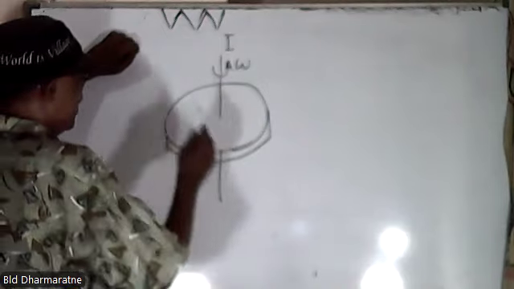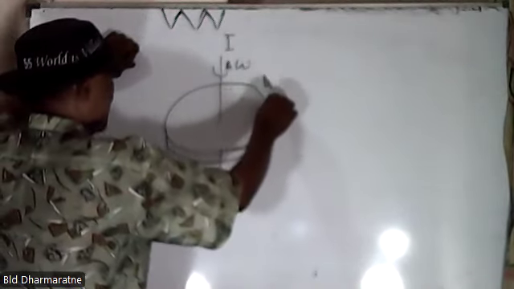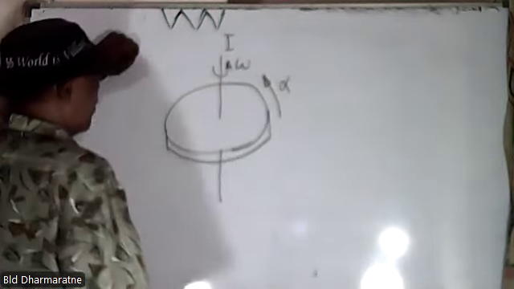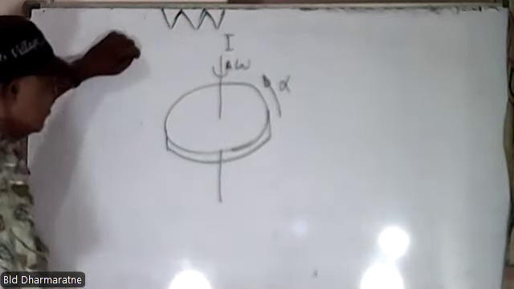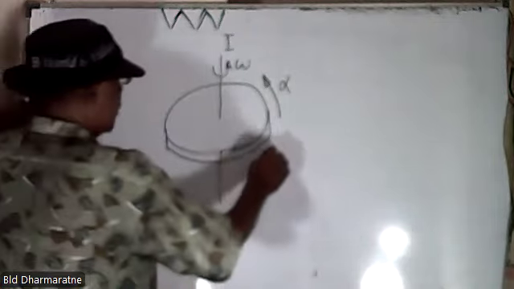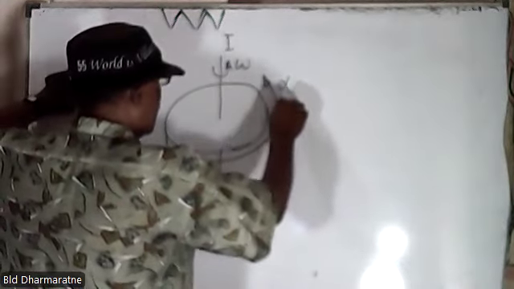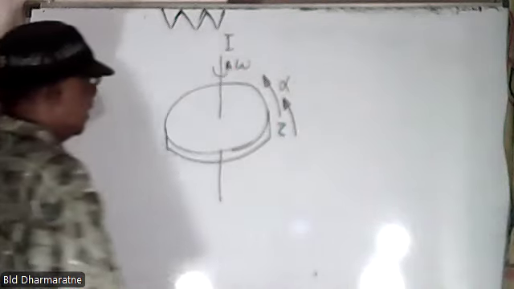Then it will rotate with an angular acceleration alpha. Due to the rotation, a torque is given here. What is the relationship?